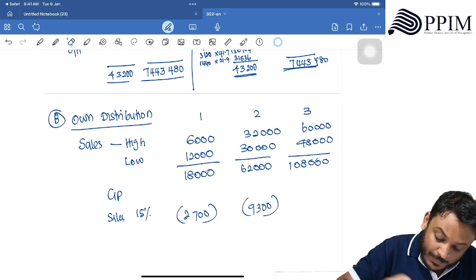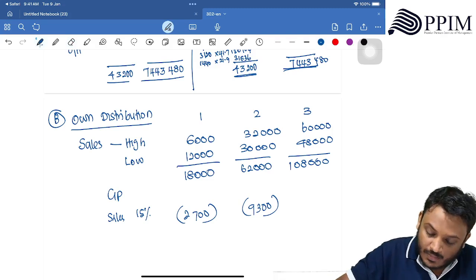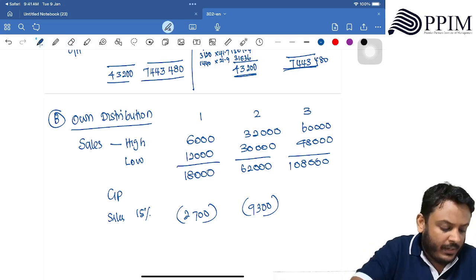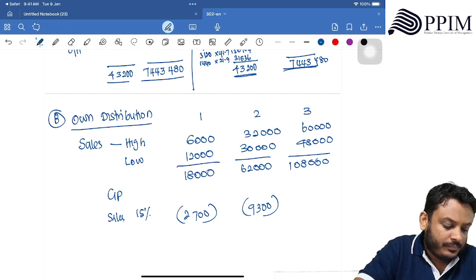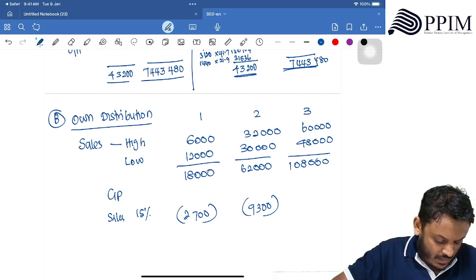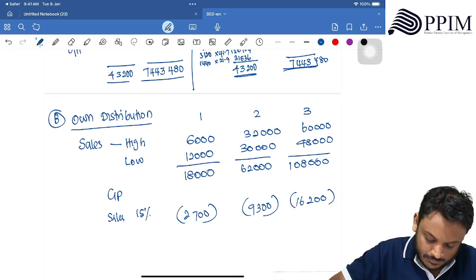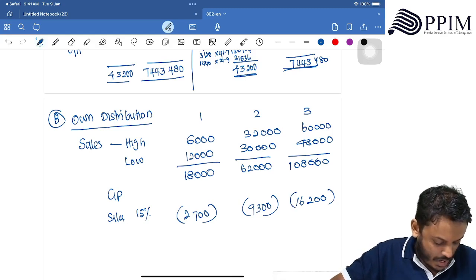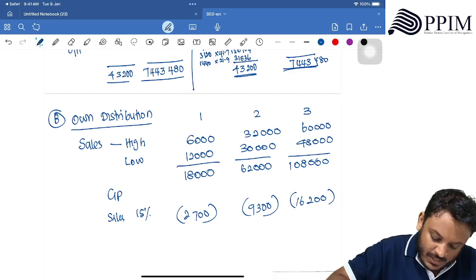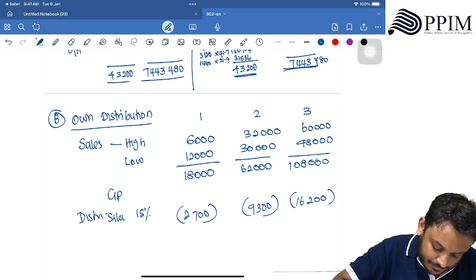They said 15% distribution cost. And if you take 108,000 at 15%, 16,200. This is your distribution cost.